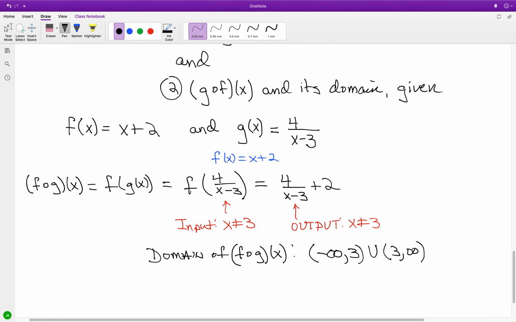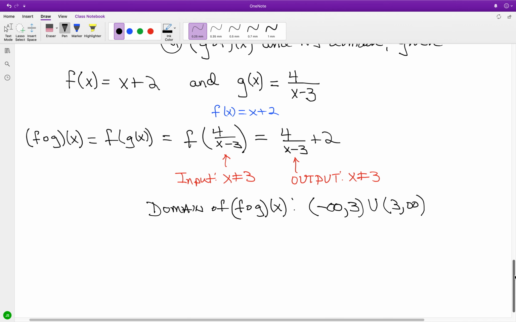Now, if I reverse the order of the composition, say g composed with f of x, so you have g of f of x, and the input function is x plus 2, so I'm looking at g of x plus 2.